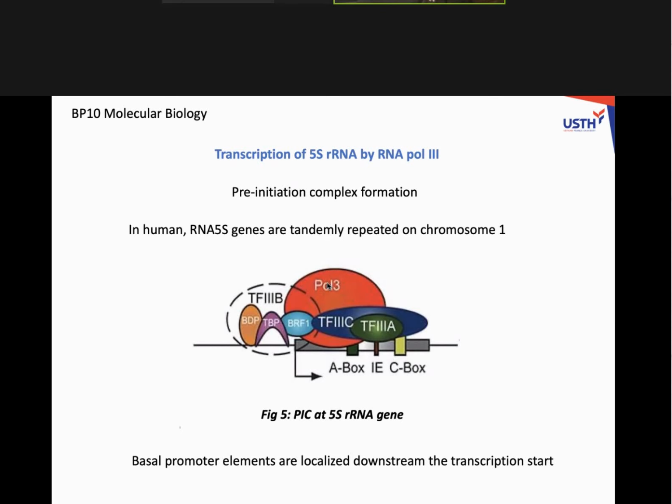And you see Pol3 comes after TFIIIC and TFIIIA. The only thing that is really peculiar, this is why I wanted to talk to you about it, is that it's the only polymerase where the formation of the pre-initiation complex happens downstream of the transcription start. Well, it's not a problem. The polymerase starts reading there, and the transcript will be the copy from the transcription start. Okay.